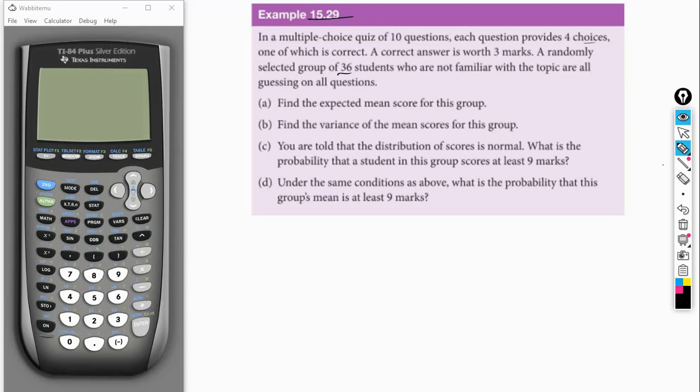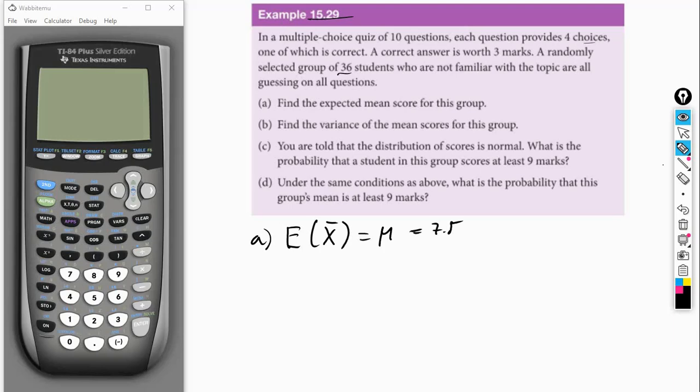Part A, find the expected mean score for this group. So this is the same as saying that the expected mean score for the whole group is going to be just the mean for an individual. And we had found before that this is equal to 7.5.